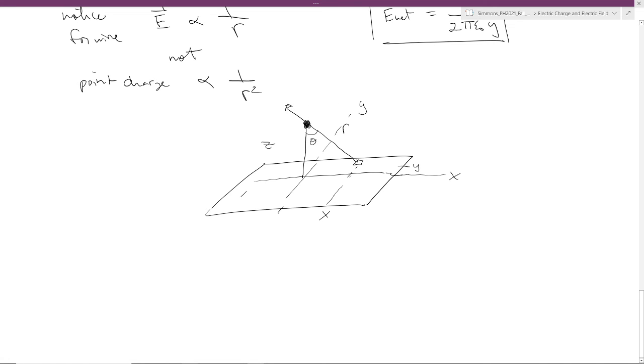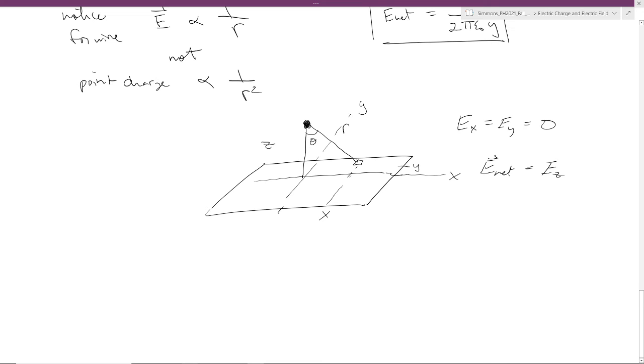So we're only caring about the part that's in z. Ex and ey are both going to be 0. And what this means is that the net electric field is going to be just the contribution from z.